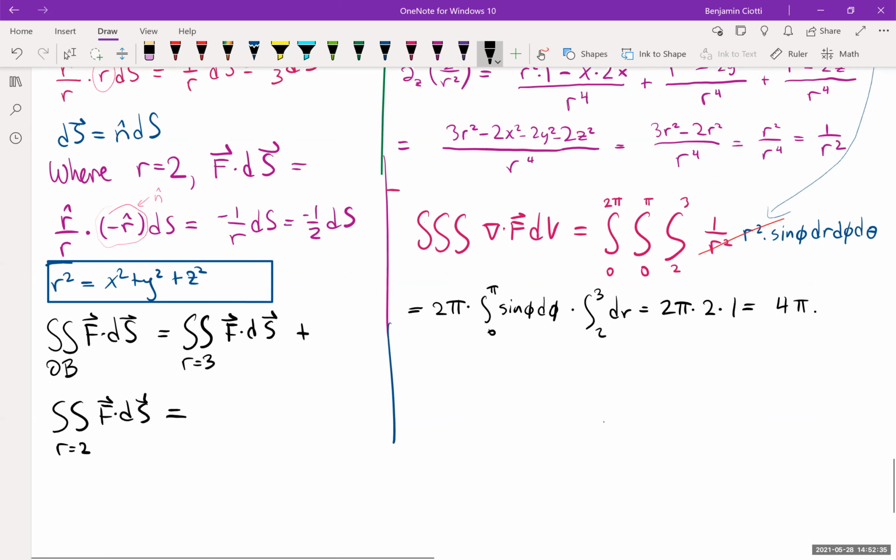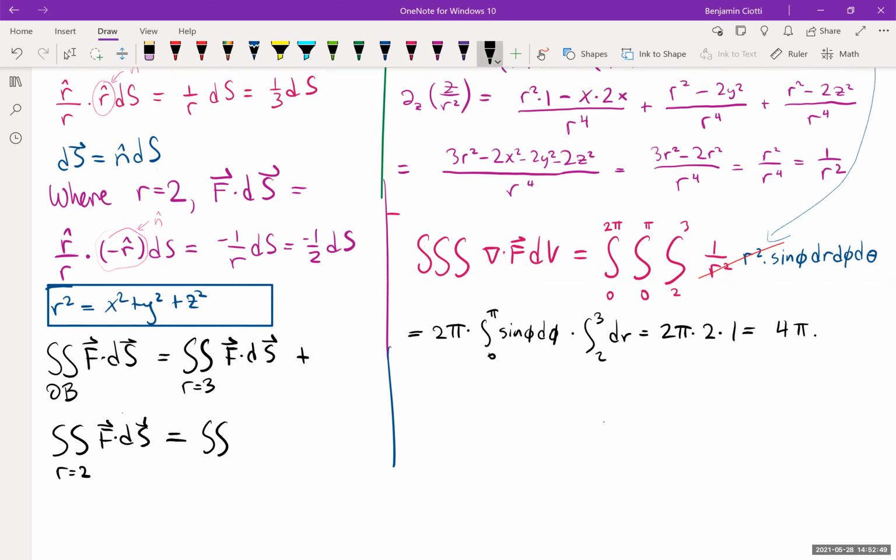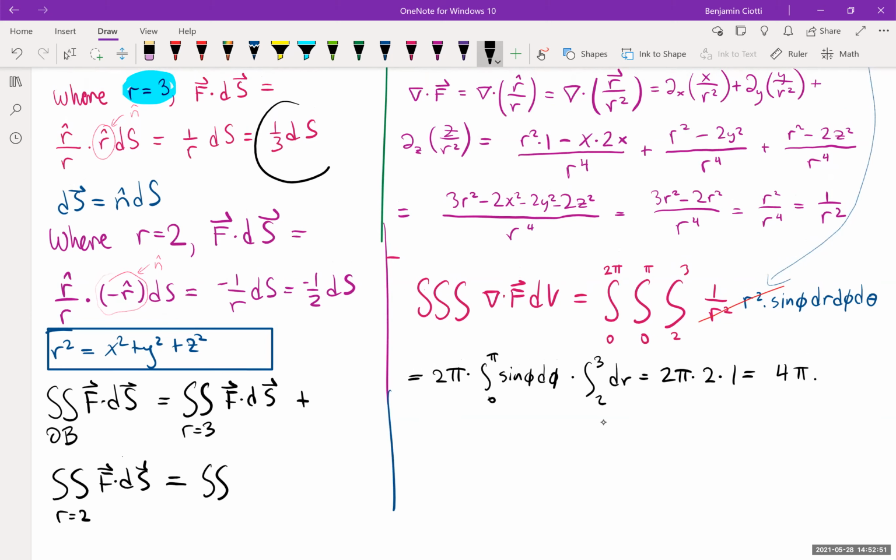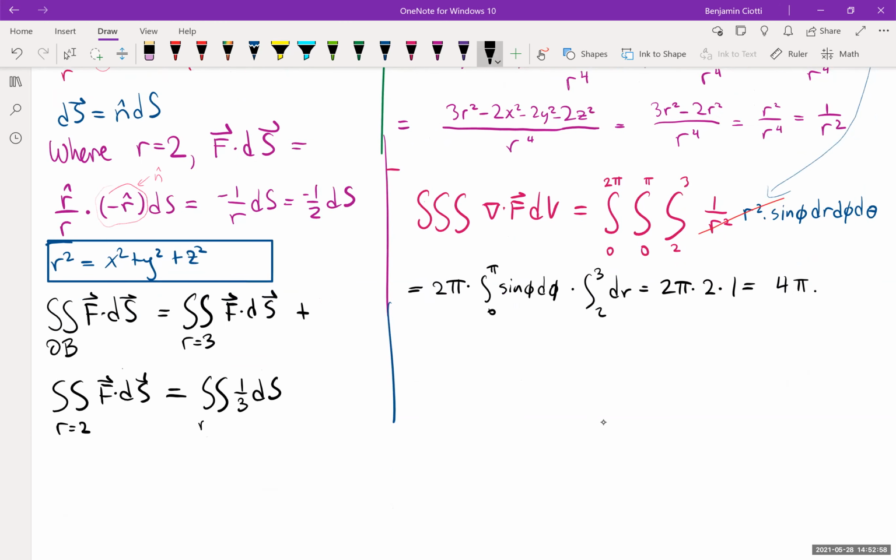And what's kind of weird is that we effectively subtract this term because the normal points in the opposite direction that it usually points in. So the first surface integral has the usual facing normal. We already calculated that F dot dS is 1/3 dS right there. And on the inner one, where r is equal to 2, we already found that's -1/2 dS.